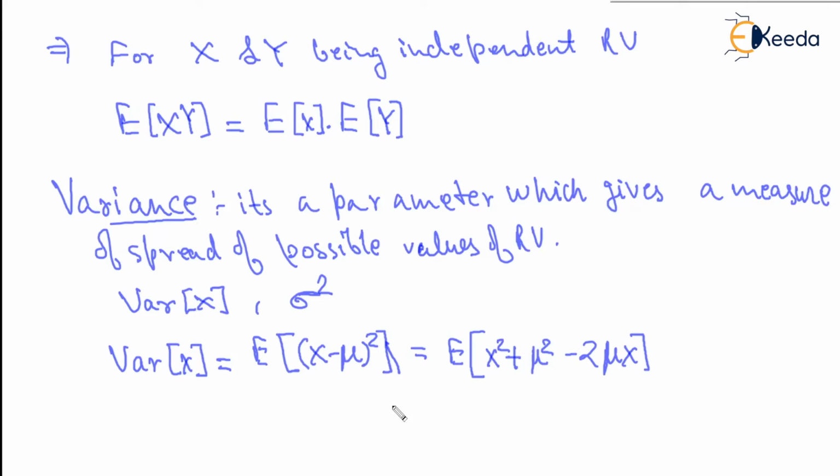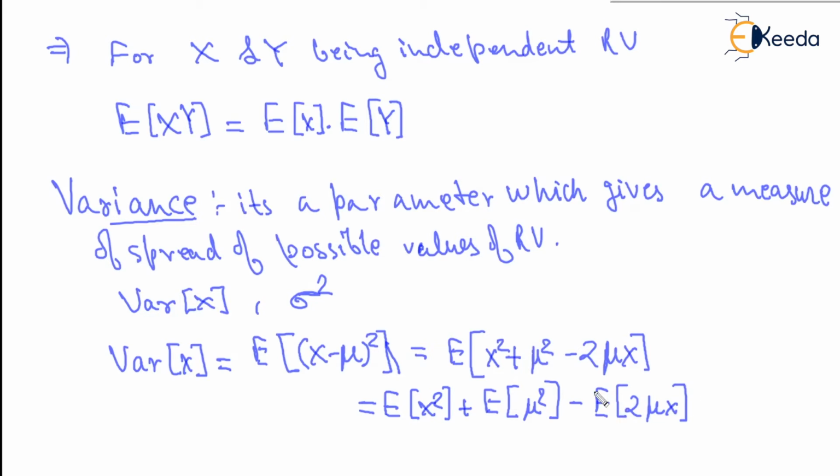So right now we have seen E of x plus y can be given as E of x plus E of y. We can split this. So this becomes E of x square plus E of mu square minus, we can take this scalar outside of course, but let's take it inside only right now, 2 mu x.